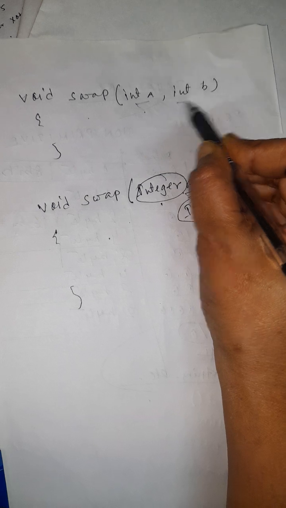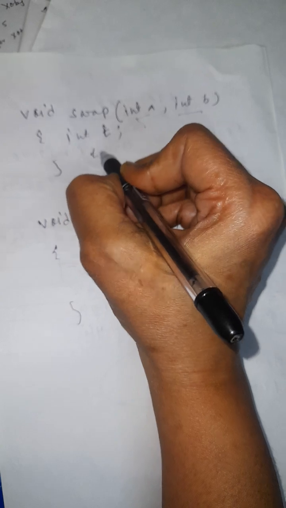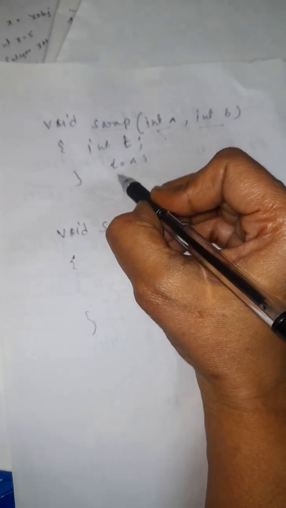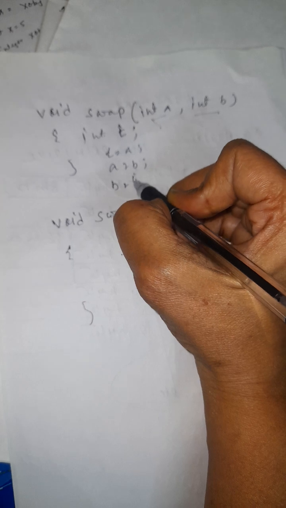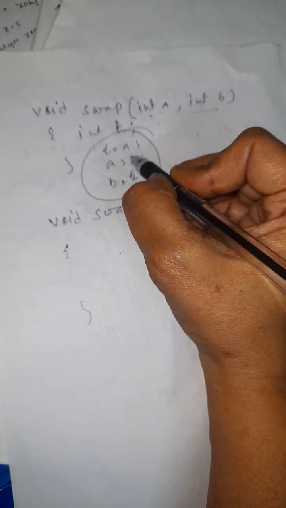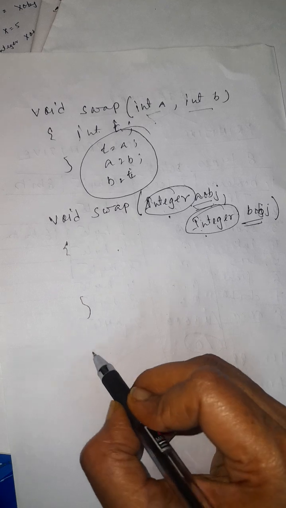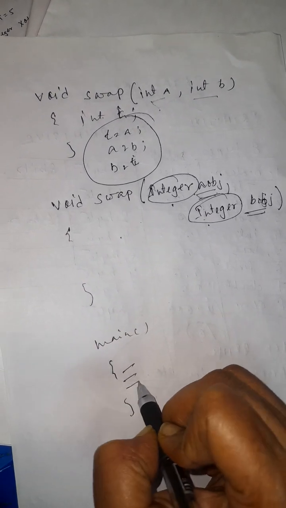If I swap using call by value, t equal to a, a equal to b, and b equal to t, then a and b are swapped, but within the main function the original value will not be changed.